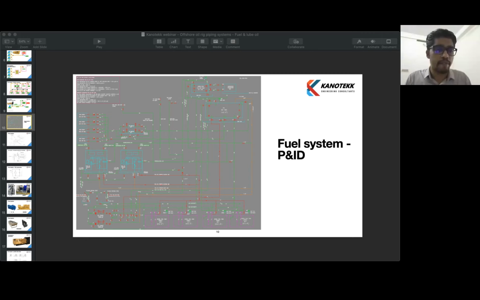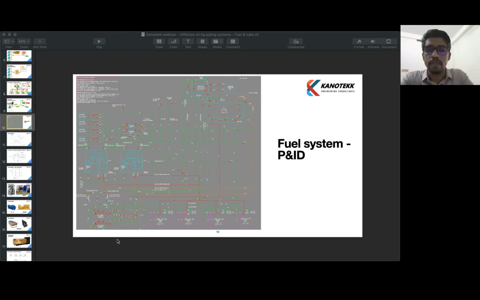Okay, we have more questions. What will be the transfer pump capacity? Transfer pump capacity will be like 50 gallons per minute. It can go higher depending on the rig design, but generally gear pumps are used with lower capacity flow rates.